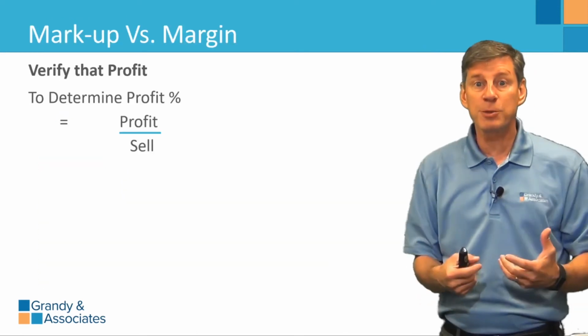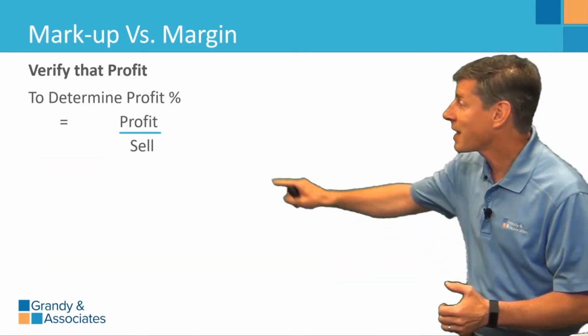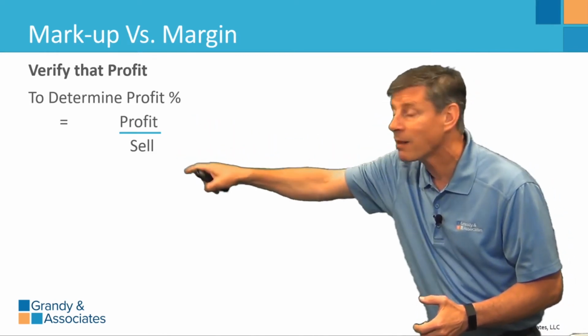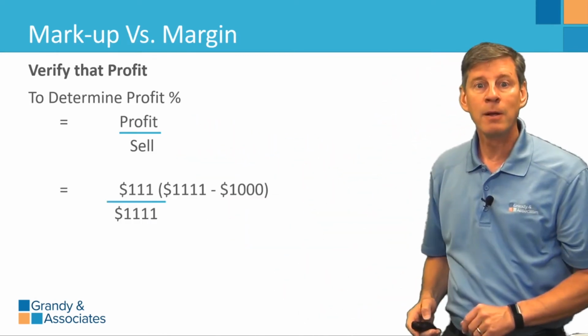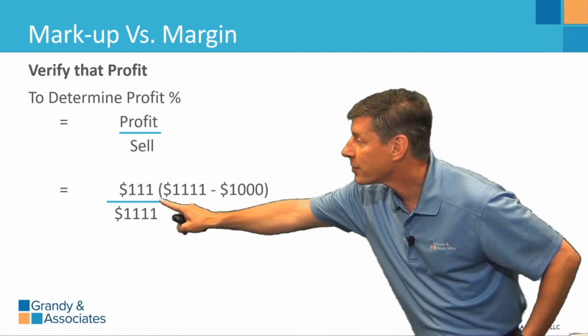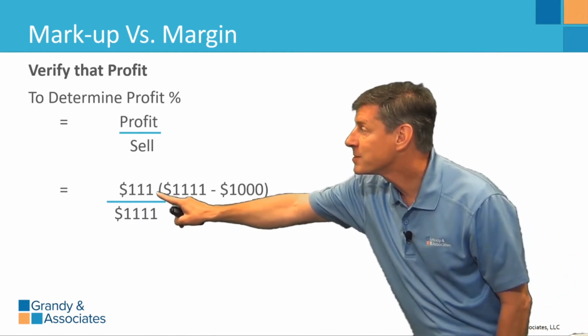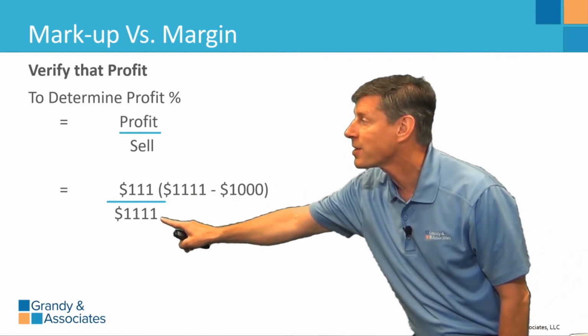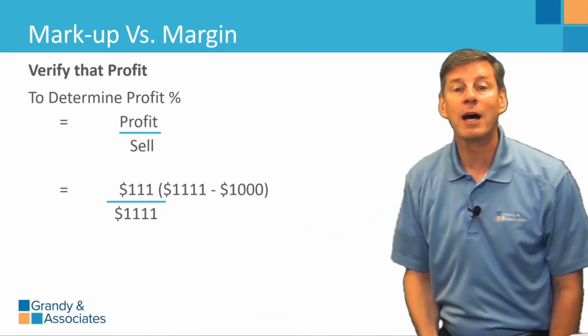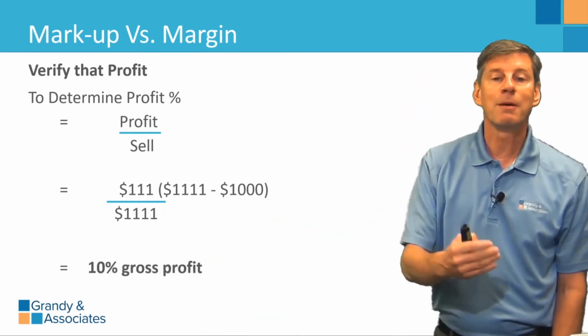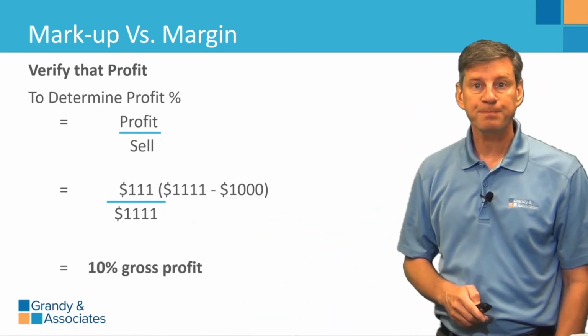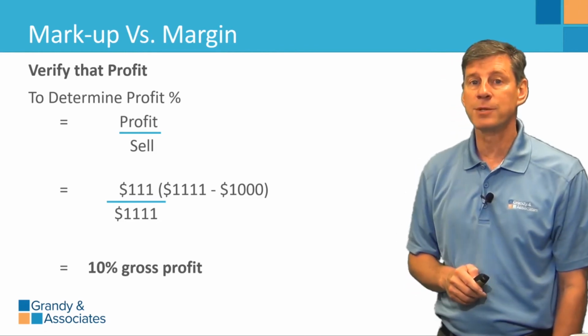We can verify this profit. Again, simply take that profit divided by your sell. So in this example, our profit was $111 divided by our sell price of $1,111, which comes out to a true 10% gross profit. It's important to know that difference.